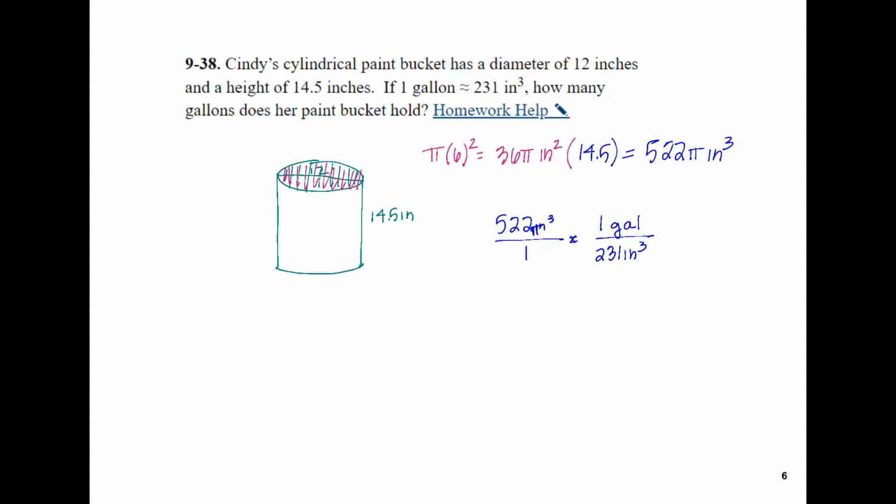We can multiply straight across, so our inches cancel out, and divide that by 231, so 522 pi divided by 231 gives us approximately 7.109 gallons in her bucket.